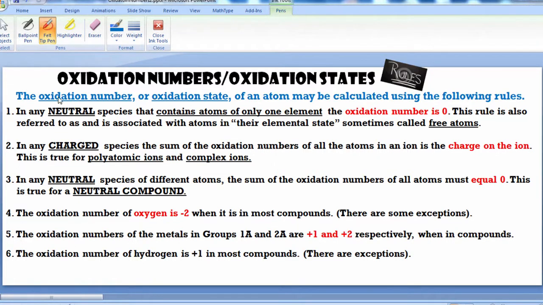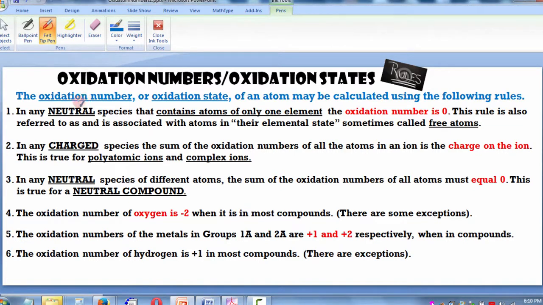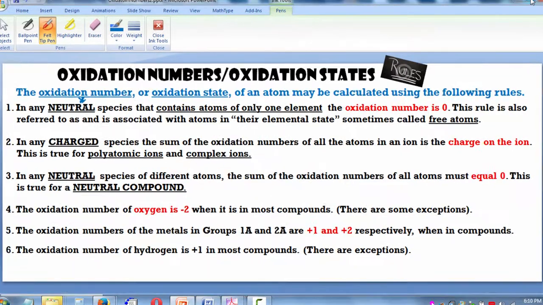When we refer to oxidation numbers and oxidation states, we are actually talking about the same thing. So you may see the phrase, what is the oxidation state, or what is the oxidation number. In that case, you will know we're talking about the same thing.